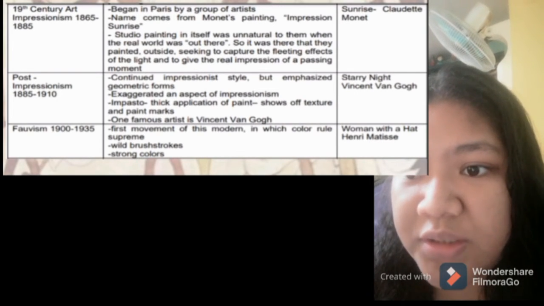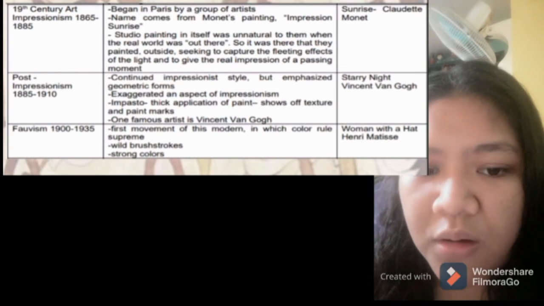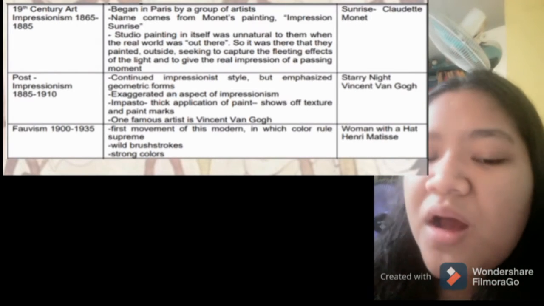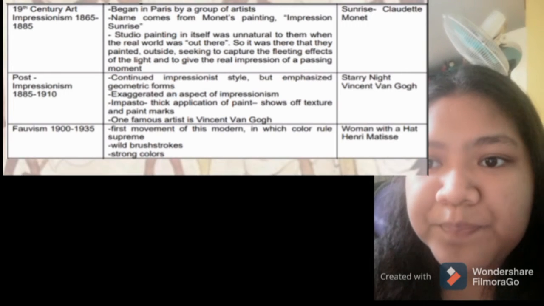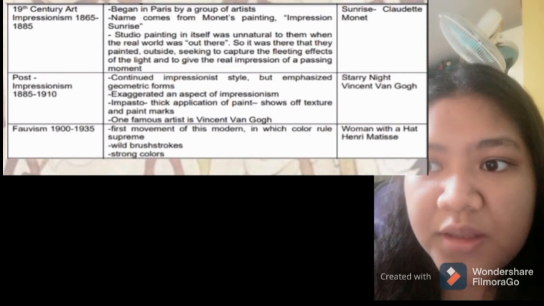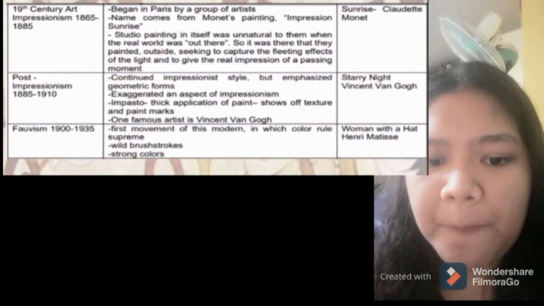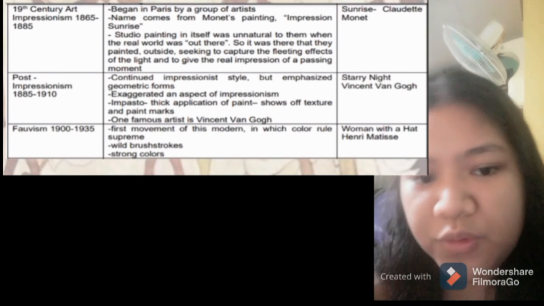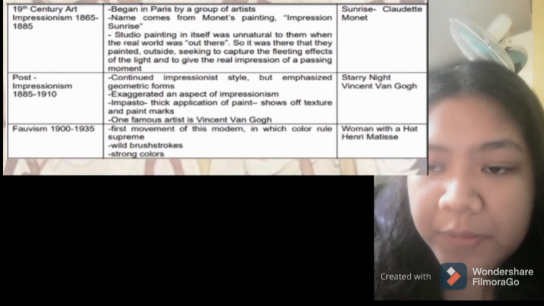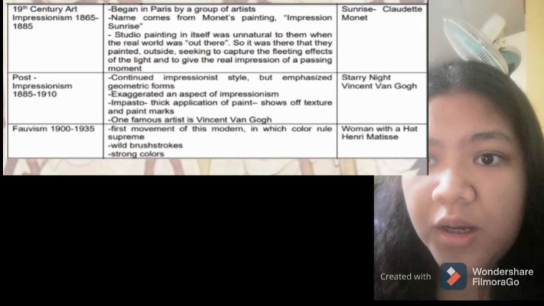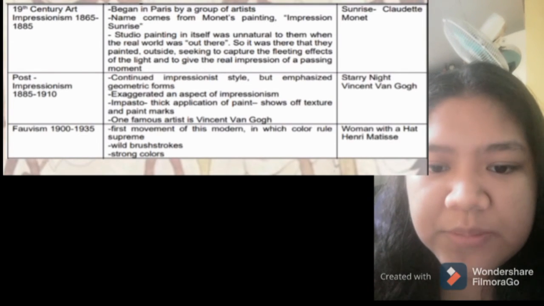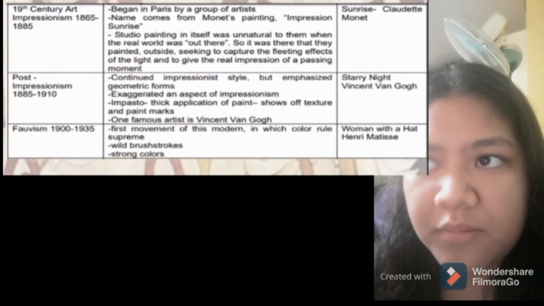One famous artist is Vincent van Gogh. So, si Vincent van Gogh, he painted the Starry Night. Kung nakikita niyo po yung picture ng Starry Night, ayan po siya. Impressionism din po ito, pero mas pinaganda.